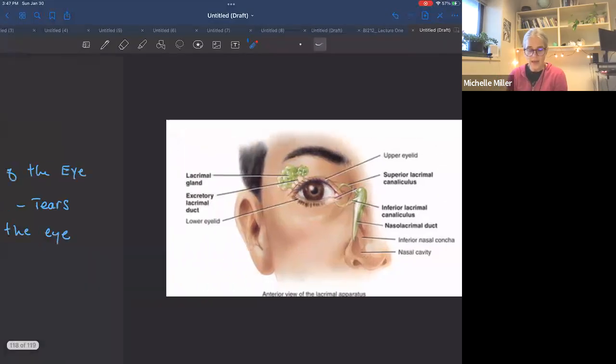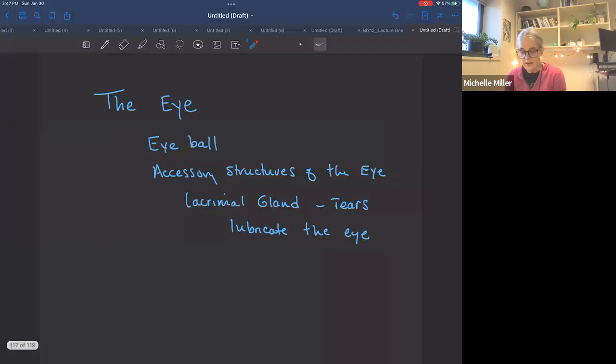Now, we also have, interestingly, these eyelids, eyelashes, and eyebrow, right? All of those are protective. So we have the eyelid, eyelashes, and then the eyebrow.